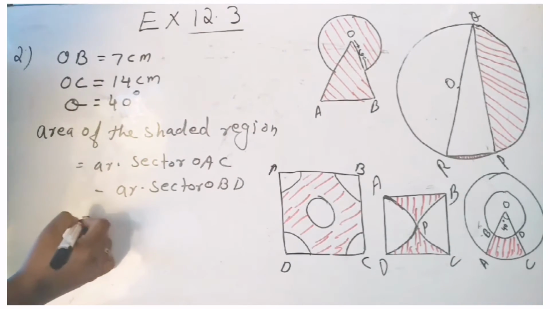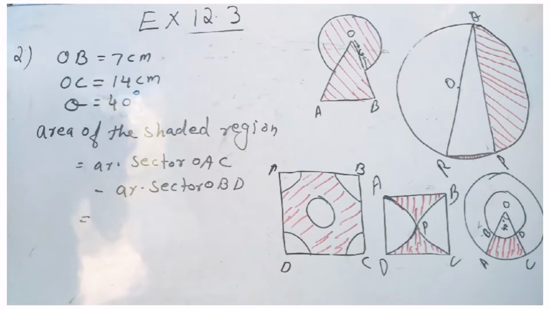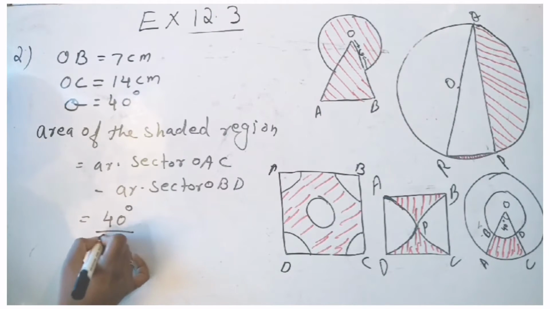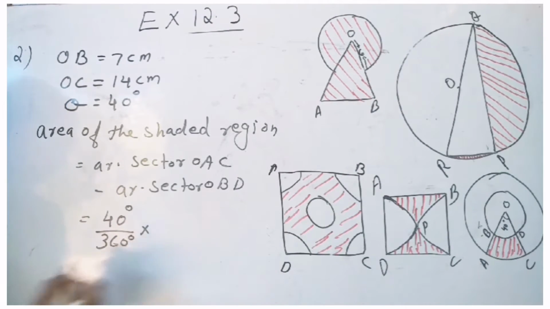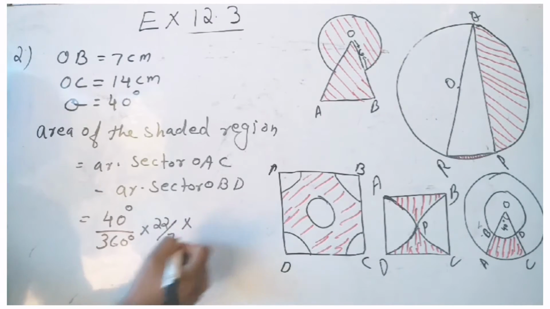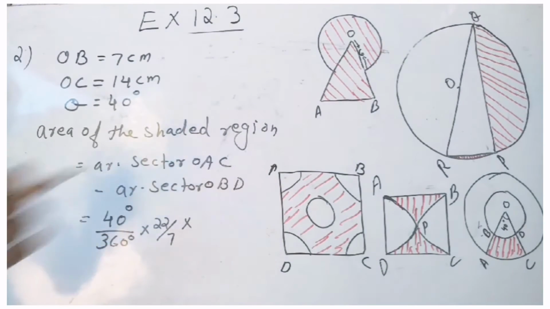We know that the formula is theta divided by 360 degree into pi r square. Theta is common, that is 40 degree divided by 360 degree into pi, 22 by 7, into r square for OAC.